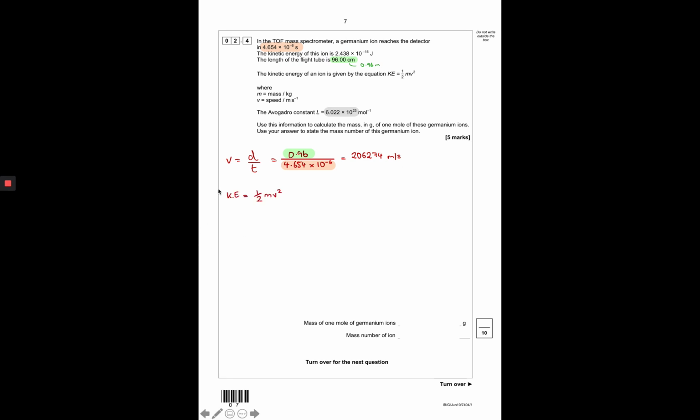Next, we've got our kinetic energy equation, and the way we proceed from there is to rearrange it so that mass is the subject. So we rearrange our equation so it's 2 times the kinetic energy over v squared.